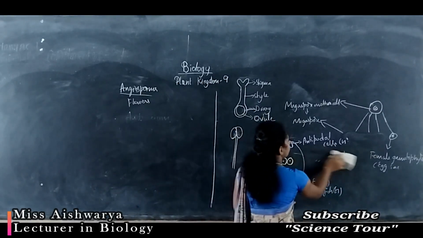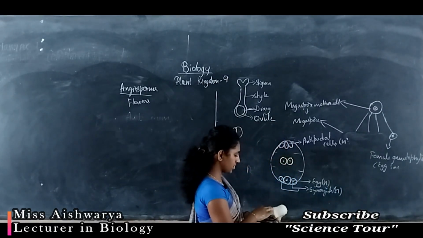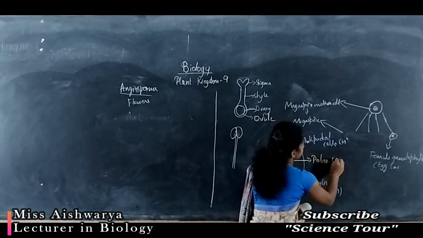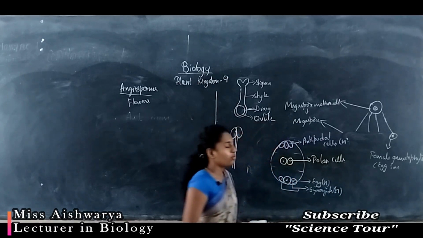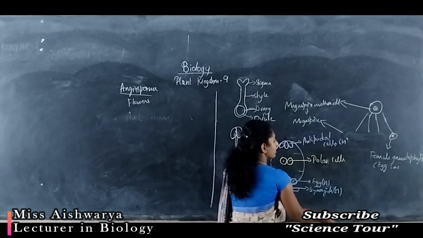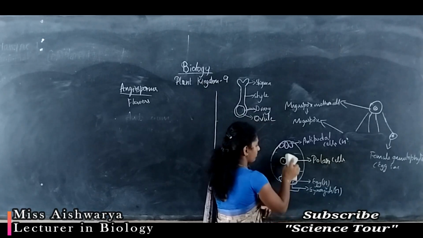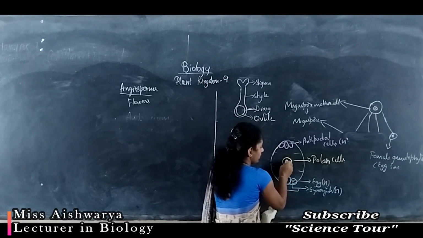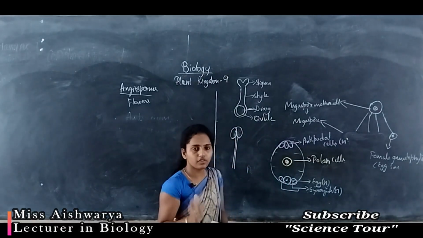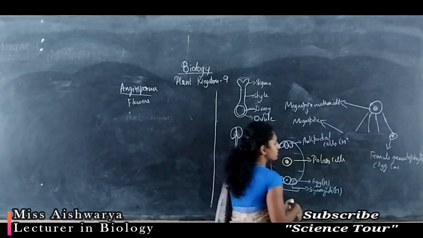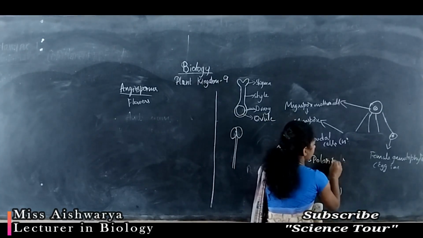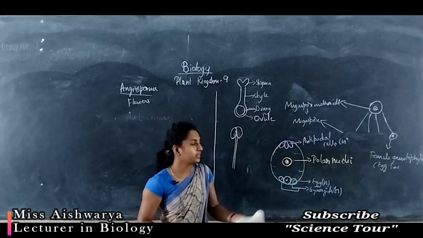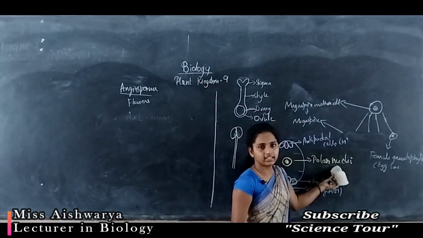The central nucleus and central cells are called polar nuclei, or polar cells. Later, these polar cells will fuse and form a single diploid cell, because it contains 2 nuclei.